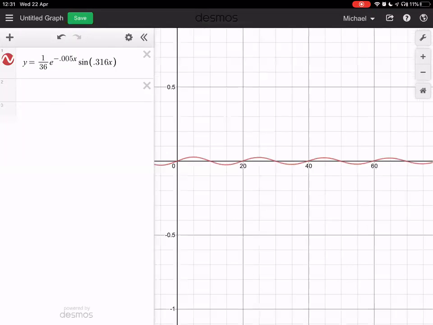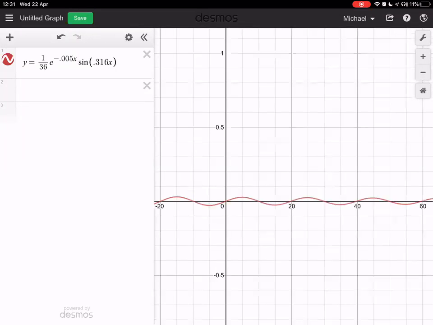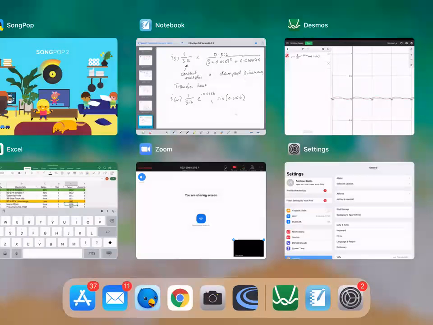Let's go back to what you should get with a damped sine wave.